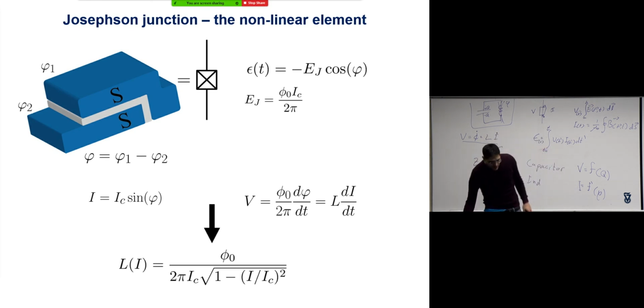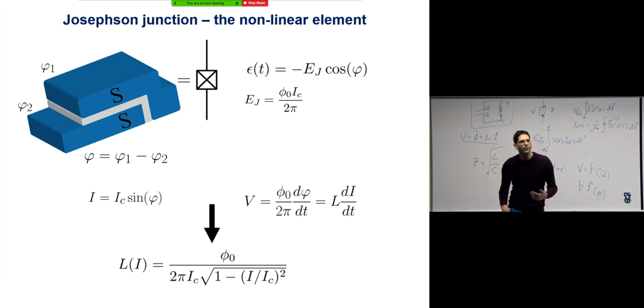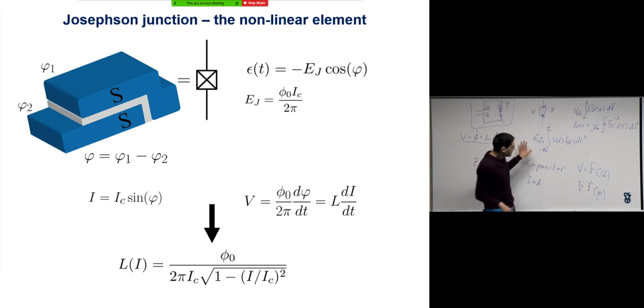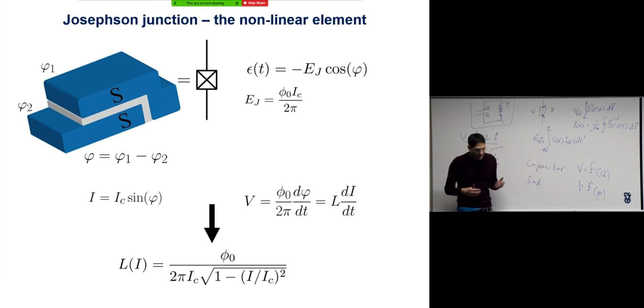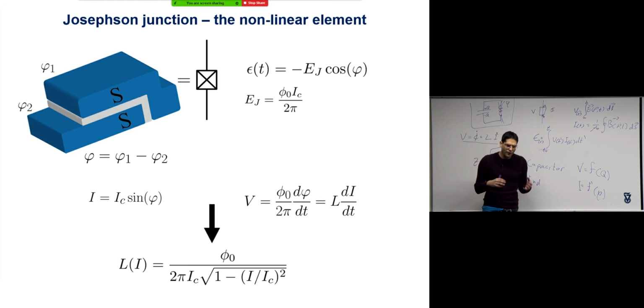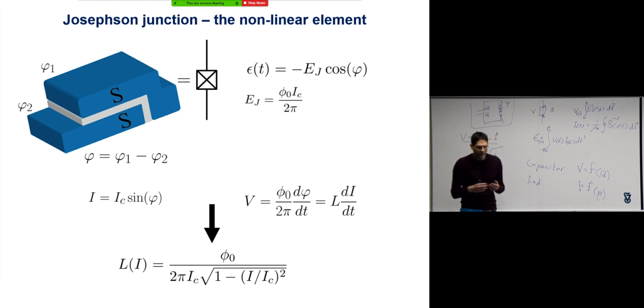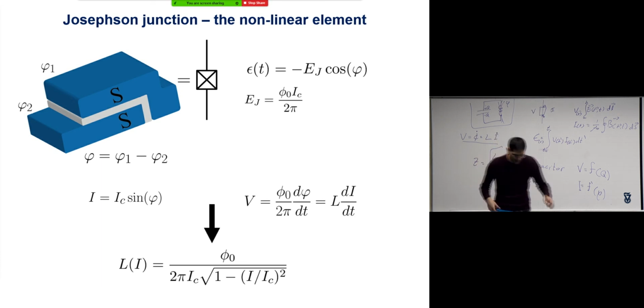And what the Cooper pairs do is they tunnel from one side to the other. Each superconductor is going to have its own phase, and the Cooper pairs tunnel from one side to the other. And in just a moment, I'm going to give you a toy model to explain how this Josephson junction gives us a cosine potential rather than just the regular tunneling events that you would get in a metal.